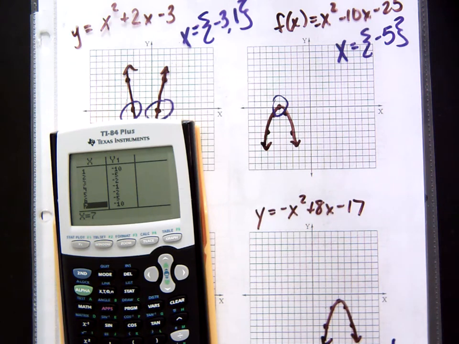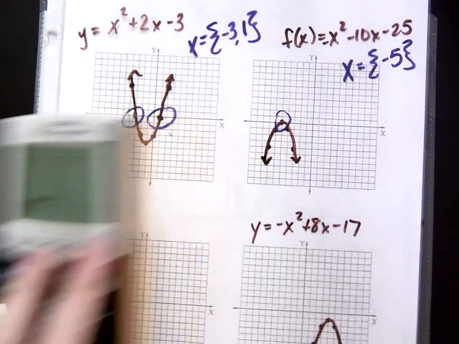Later I'm going to be talking about what are called imaginary numbers, which are solutions to problems like these. For now though, I'm going to move on to another method of solving quadratics, which is called factoring.